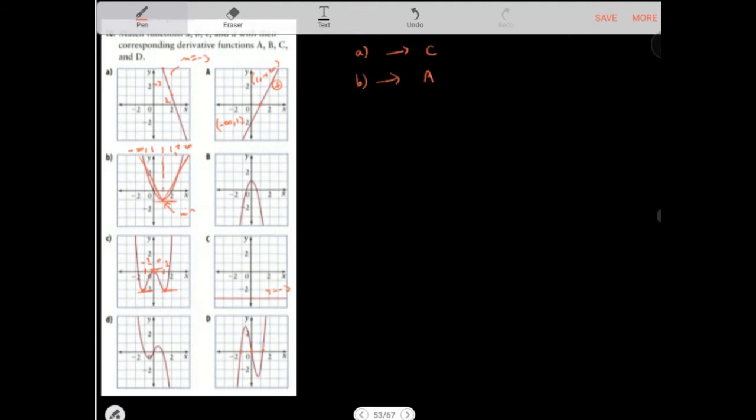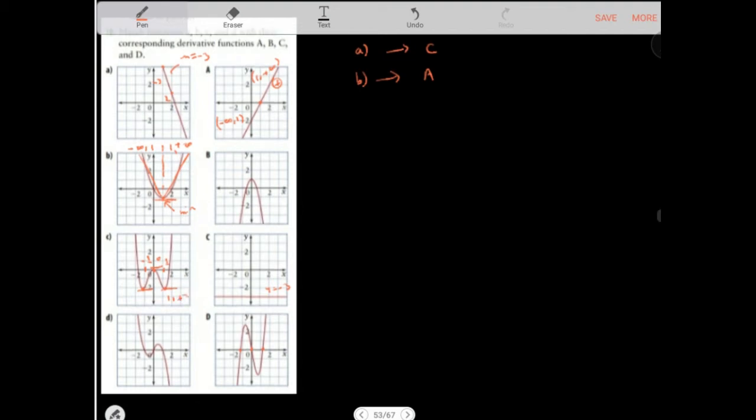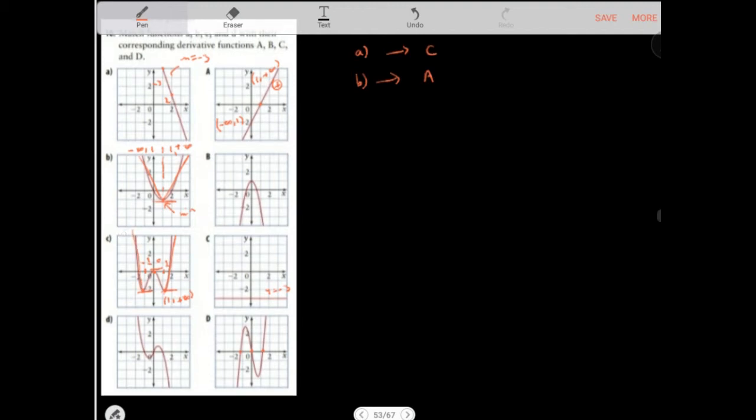Also, you can test the points. Let's say this is like 1. It's slightly past 1, but from 1 to positive infinity there's a positive slope, and there's a negative slope from negative infinity to about -1.